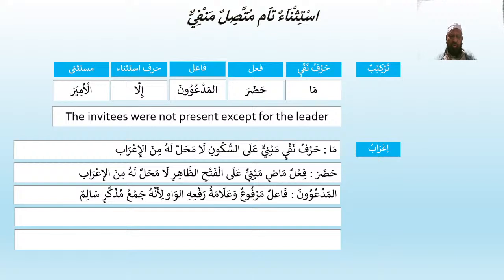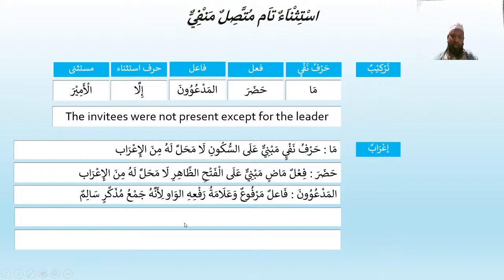Normally we know the sign of marfu is dhamma. But why are we saying waw? If we have learned the i'rab of jama mudhakkar salim is waw, this is why.